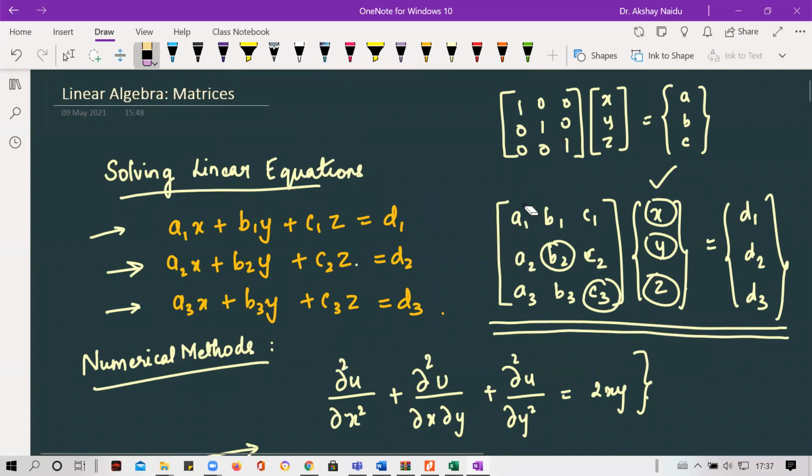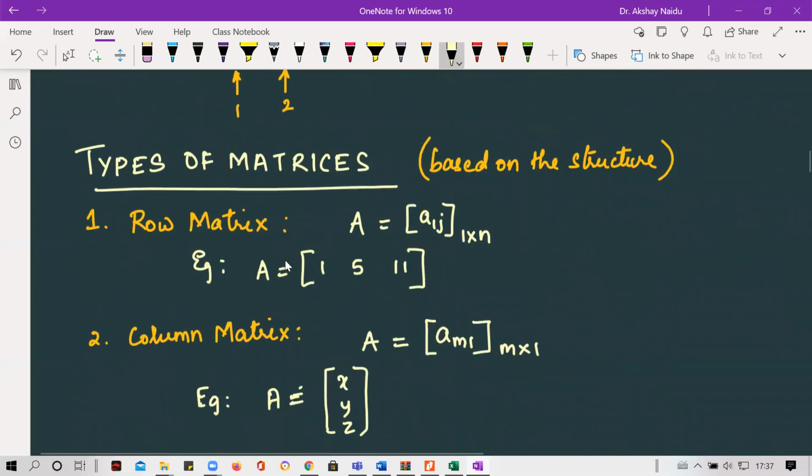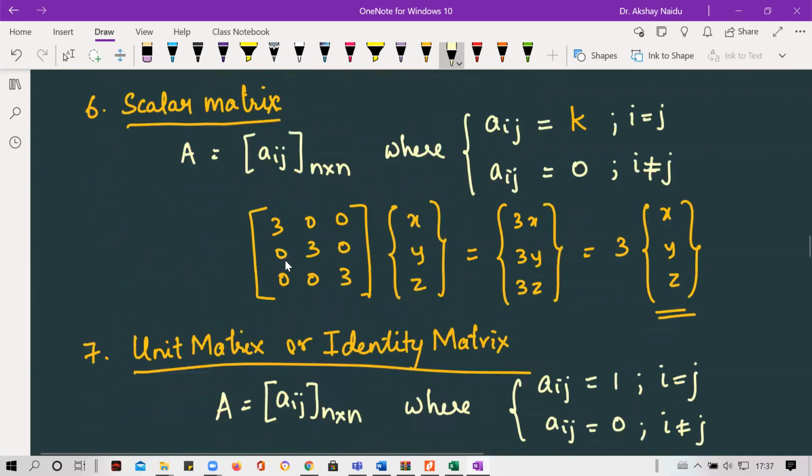So that we are able to write the equations in this form and then we solve. For that reason, multiplication of matrices is defined like this. The whole idea of developing matrix algebra is to solve simultaneous equations.